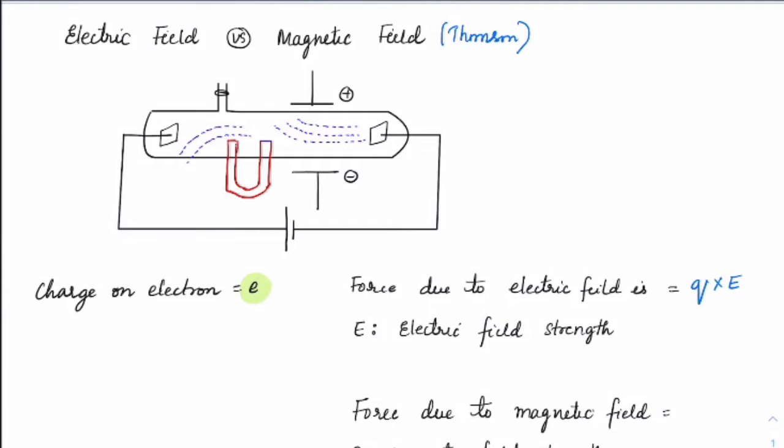E represents electrical field. We don't have to derive what electric field is right now, because you have a separate chapter called electrostatics in physics, where you will learn in detail about this E. Our idea is only to balance the forces here.